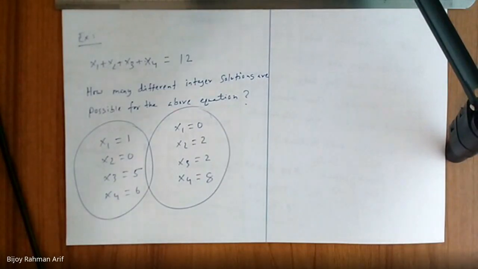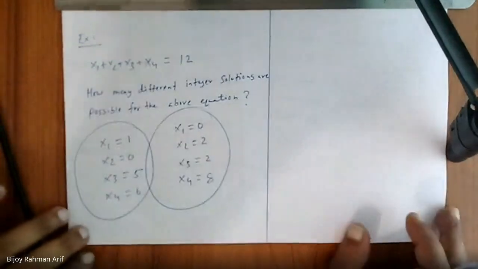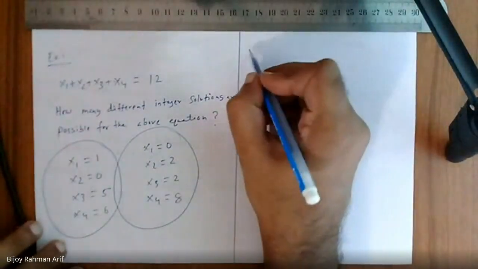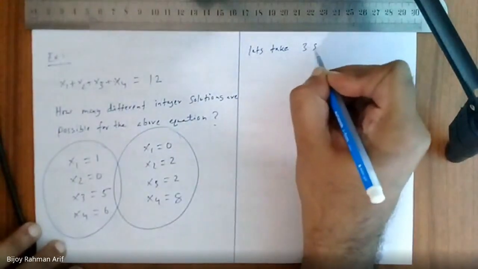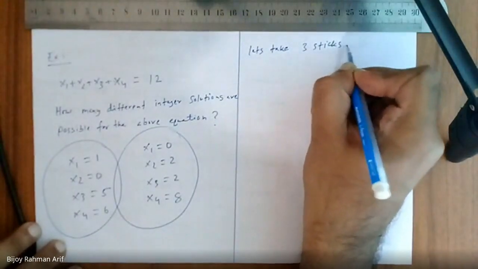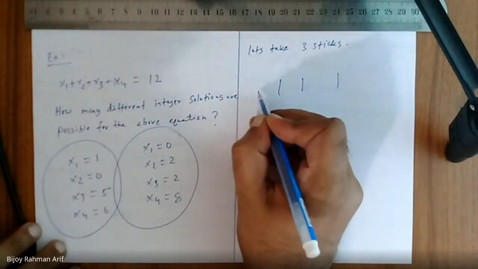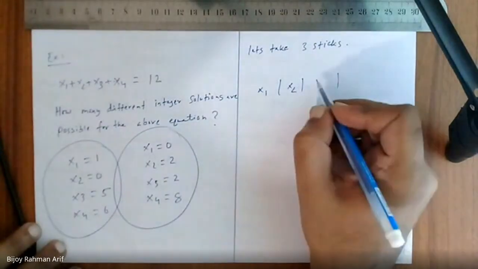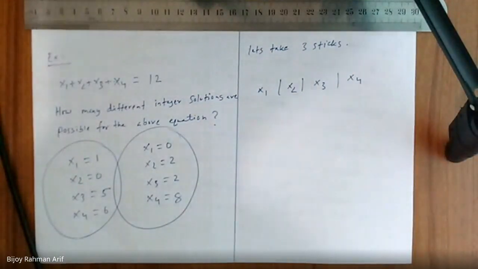হ্যাঁ, কথা বলেন। So again, আমরা এটাকে এরকম করতে পারি। Let's take 3 sticks. 1 2 3. So this is nothing but x1, this is nothing but x2, this is nothing but x3, this is nothing but x4. Did you get it?